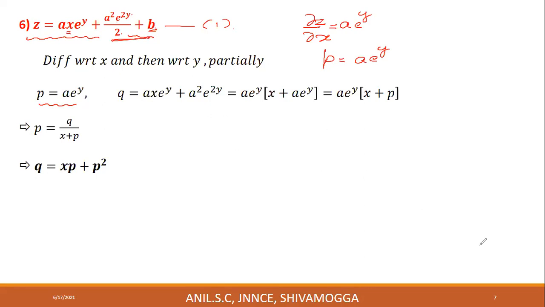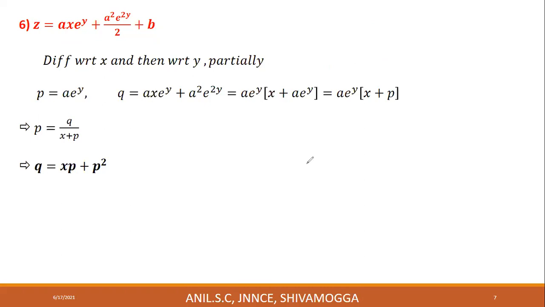Now we differentiate the same equation partially with respect to y. Derivative of z is denoted by del z by del y. This is equal to, here ax is constant, keep it as this. There is no y here.